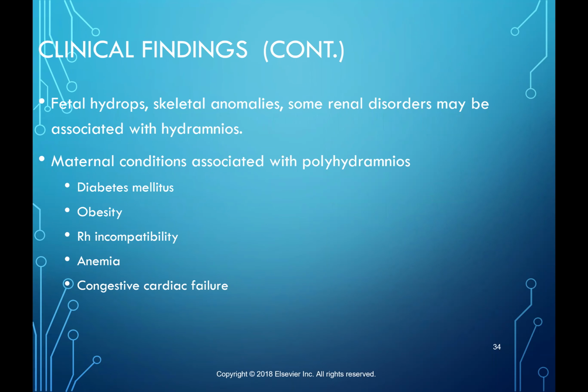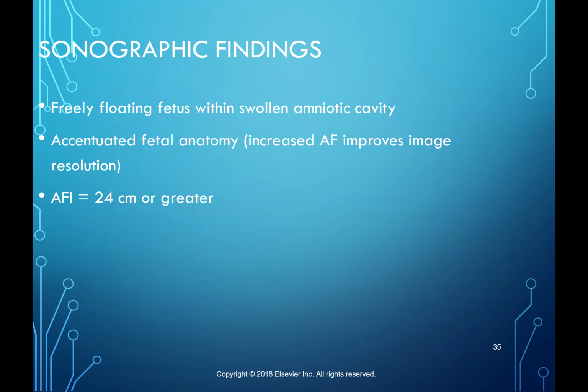Fetal hydrops, skeletal anomalies, and some renal disorders may be associated with hydramnios. I tend to see maternal conditions. Diabetes definitely seems to be more associated with that. Also obesity, Rh incompatibility, anemia, and congestive cardiac failure.